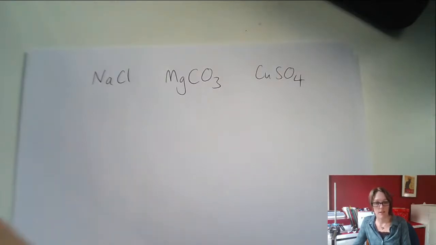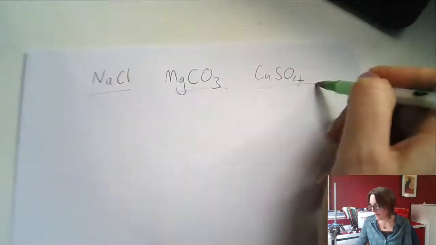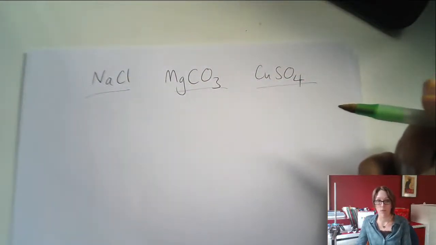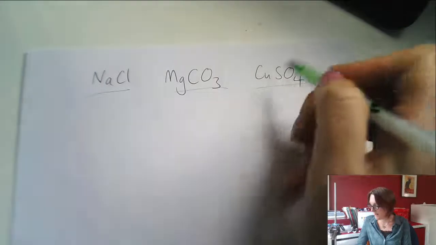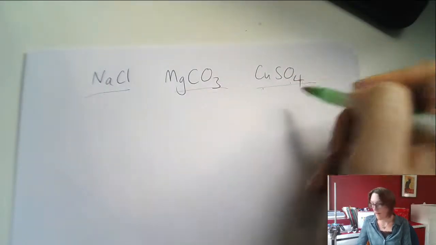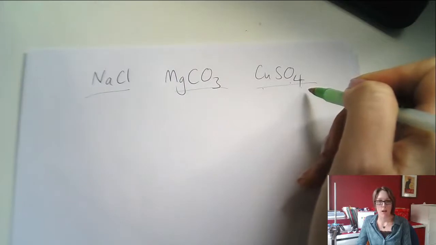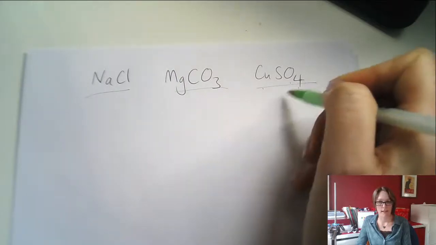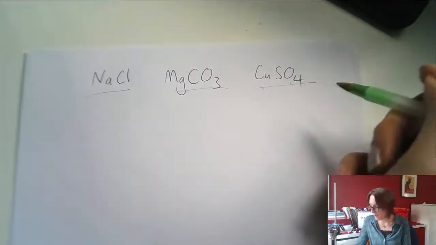That's all you get. There's no such thing as a molecular formula, because lattice, lattice, lattice. So what we mean when we do the empirical formula is that there's 1 copper ion to 1 sulfate ion, and that's the ratio. Therefore, there's no sense in working out a molecular formula.